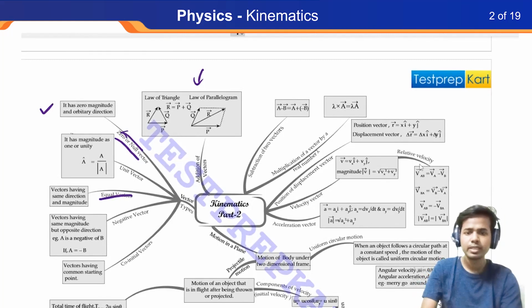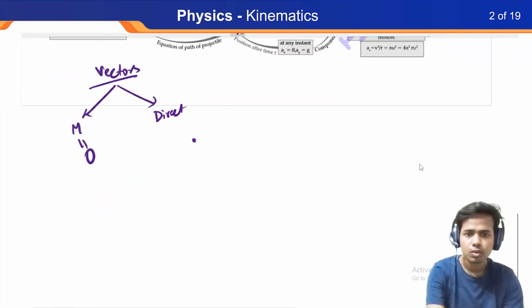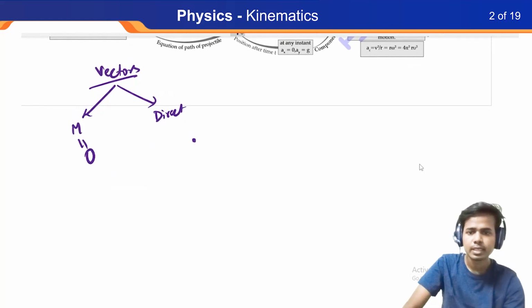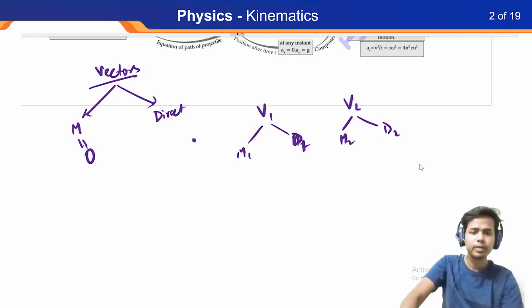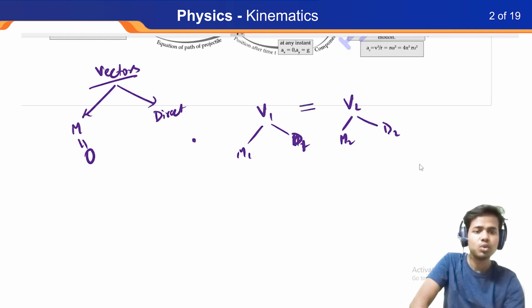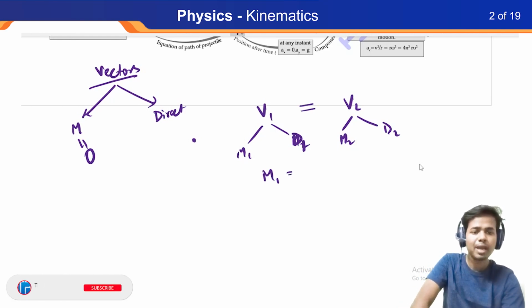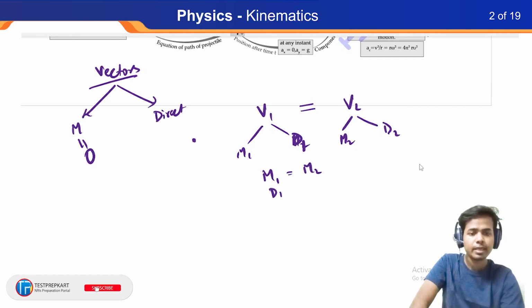Maybe equal vectors we can discuss now. Let's say there are two vectors, vector 1 and vector 2, which have magnitude 1 and direction 1, magnitude 2 and direction 2. These will be called equal only if both magnitudes are the same and the direction is also the same.